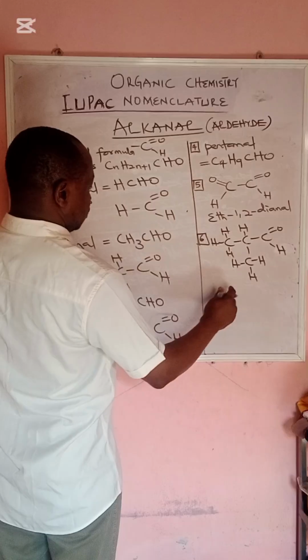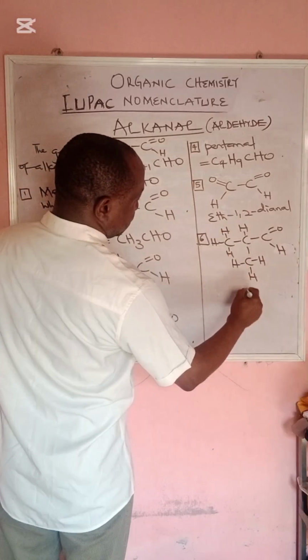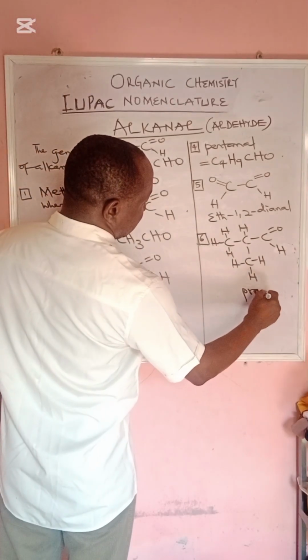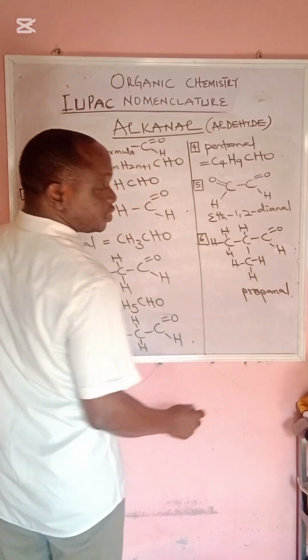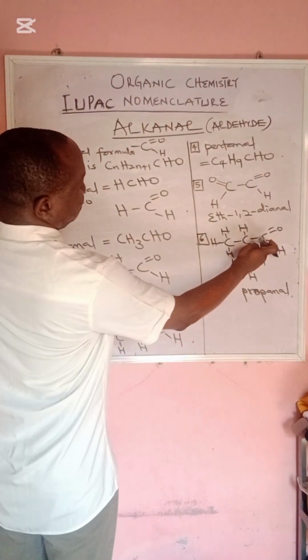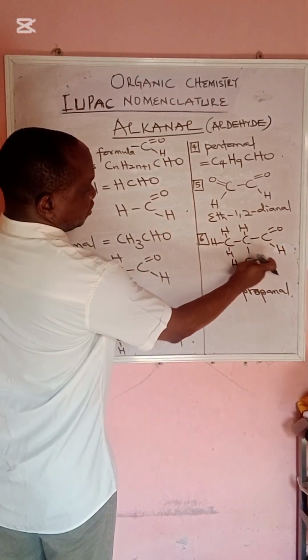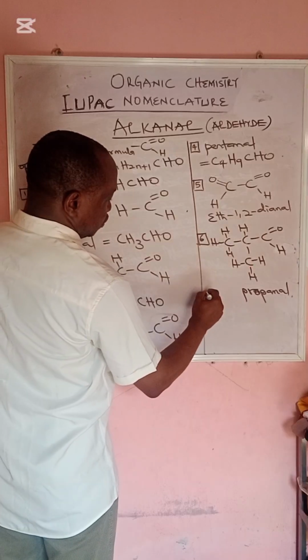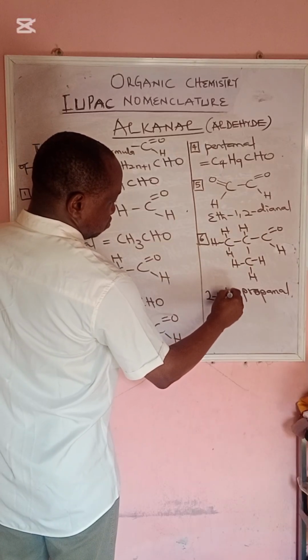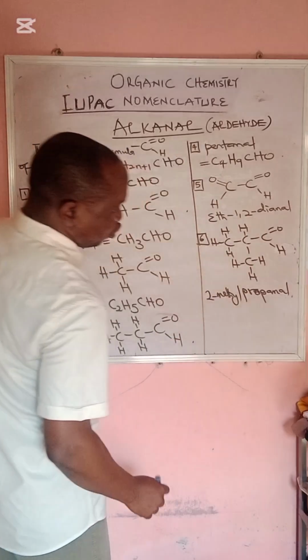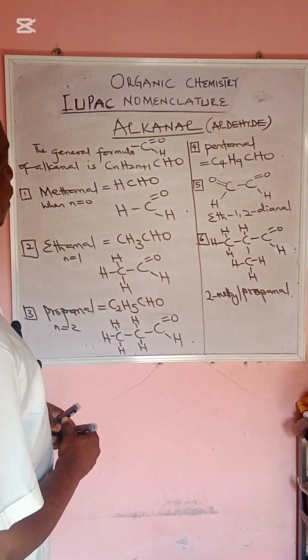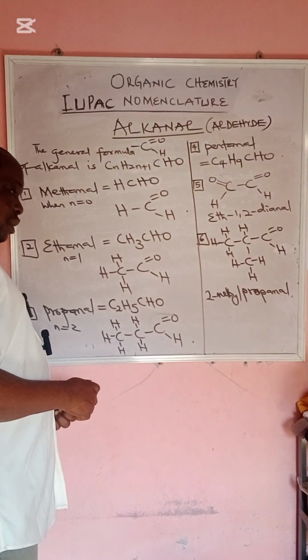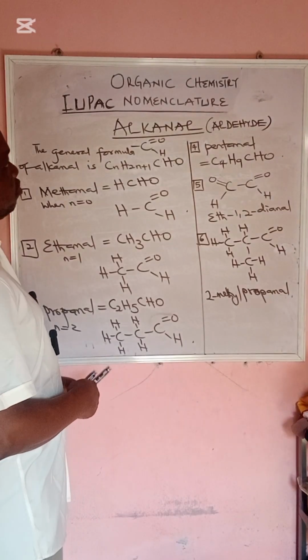And 1, 2, 3, so this is propanol. That's the parent chain. Methyl attached to carbon 2. So we say 2-methylpropanol. And so on. So this is how to name alkanol.